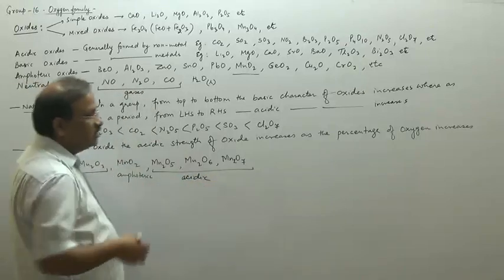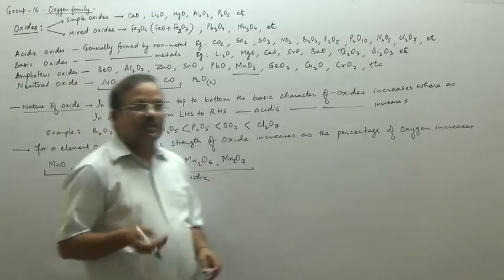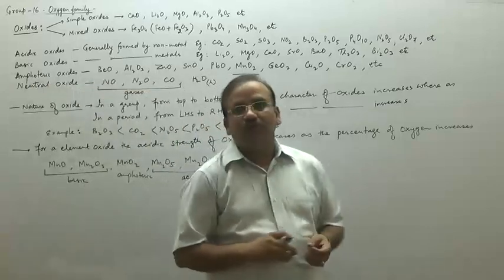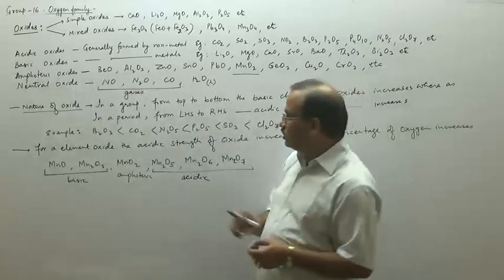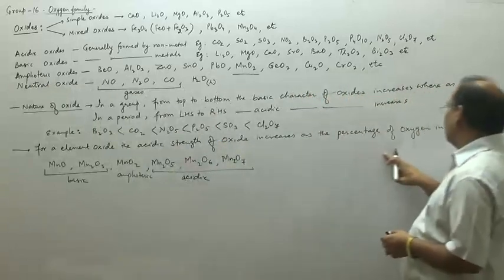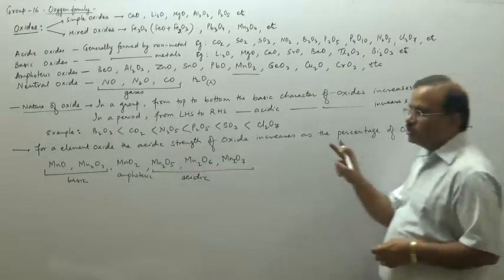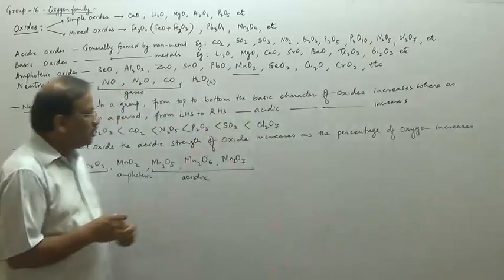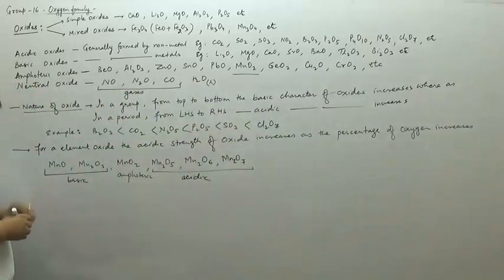If the percentage of oxygen is less, it is basic in nature. If the percentage of oxygen is more, it will be acidic in nature. So as the percentage of oxygen increases, the acidic strength of the oxide increases.